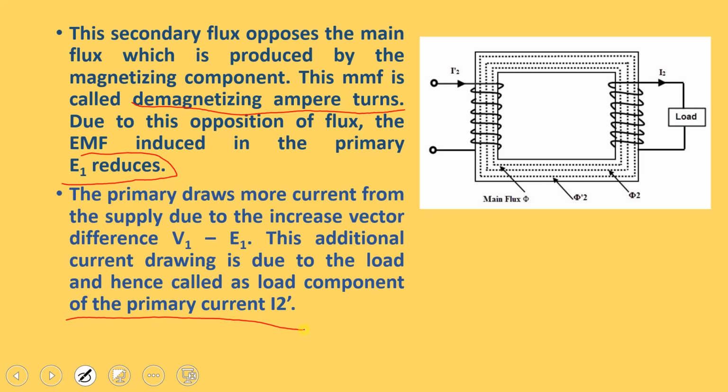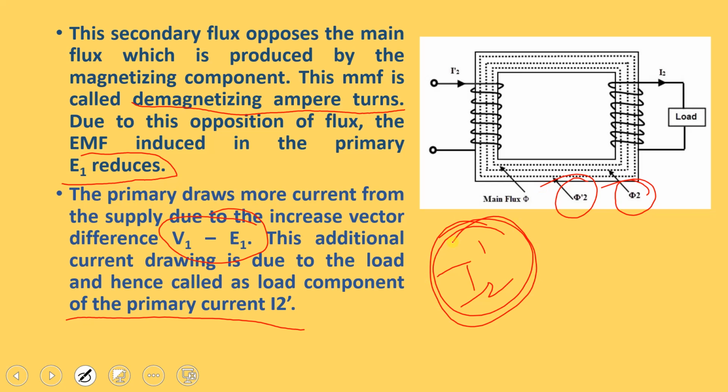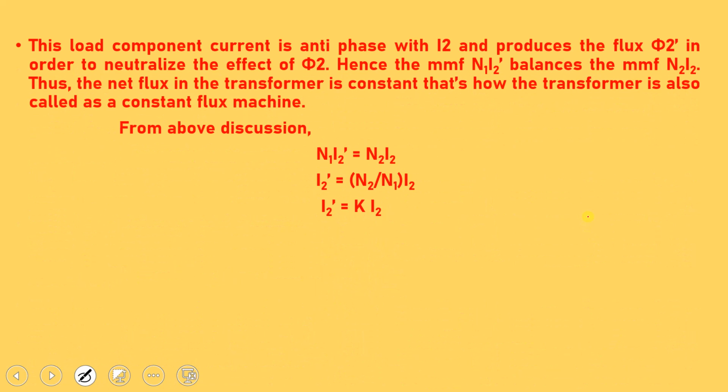So because of this difference V1 minus E1 and because of the flux produced on the secondary, an extra current I2 dash flows on the primary side which opposes the flow of this flux. This load component current is in anti-phase with I2.